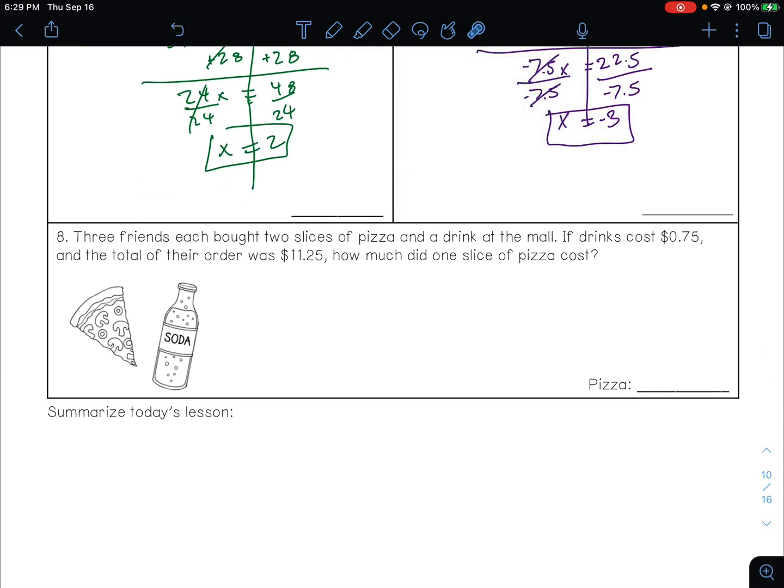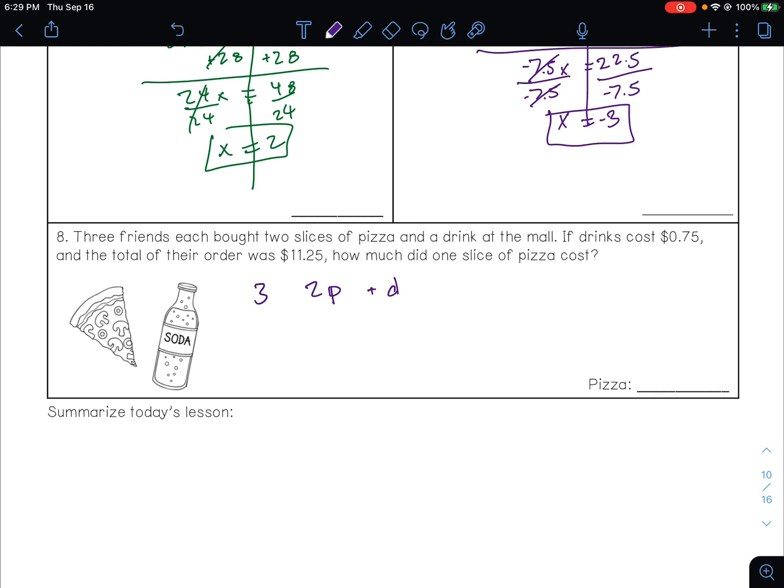Woohoo! 3 friends each bought 2 slices of pizza and a drink at the mall. If drinks cost 75 cents and the total of their order was $11.25, how much did 1 slice of pizza cost? Okay, so let's think about this. They each bought 2 slices of pizza and a drink.